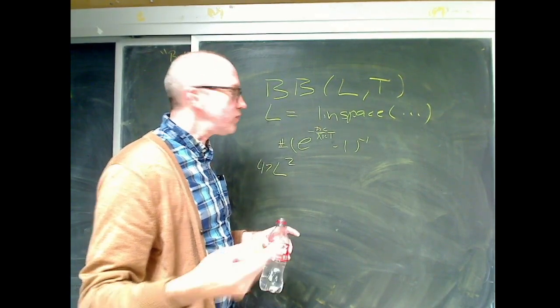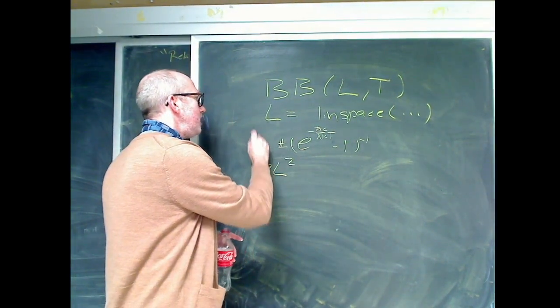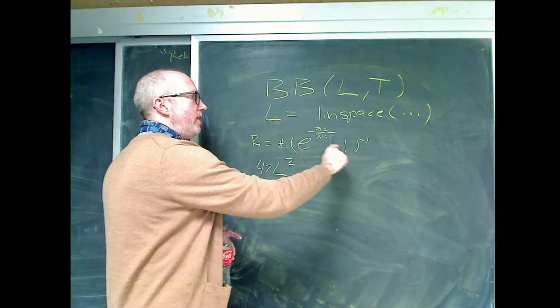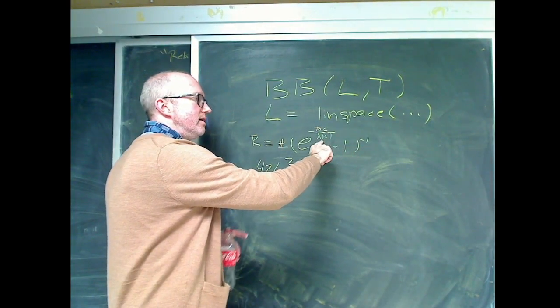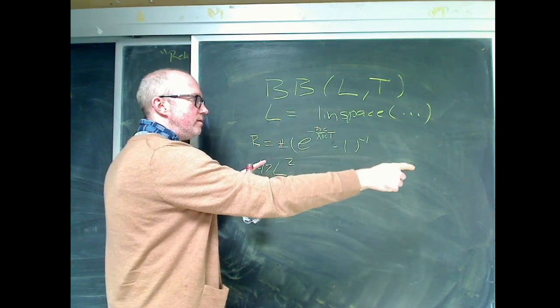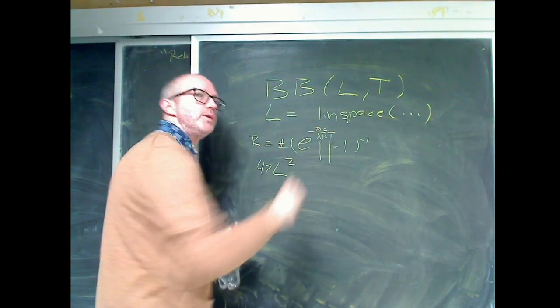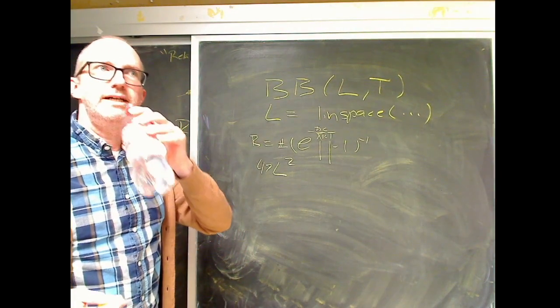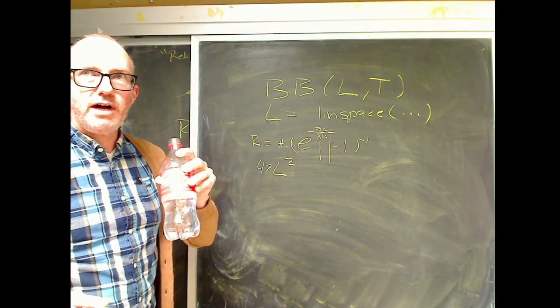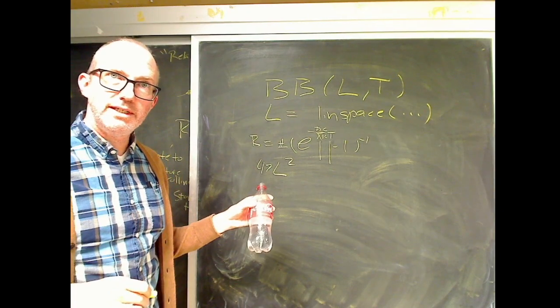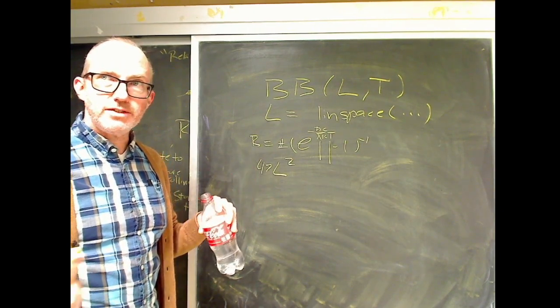So if I just hand lambda into my black body function, it'll stick in my array here and do this to every element. But if I stick in an array here and an array here, then I'm trying to multiply two arrays together, which is perfectly well defined if you tell it what to do. Telling it what to do in the right way is a little tricky. We don't need to do it.